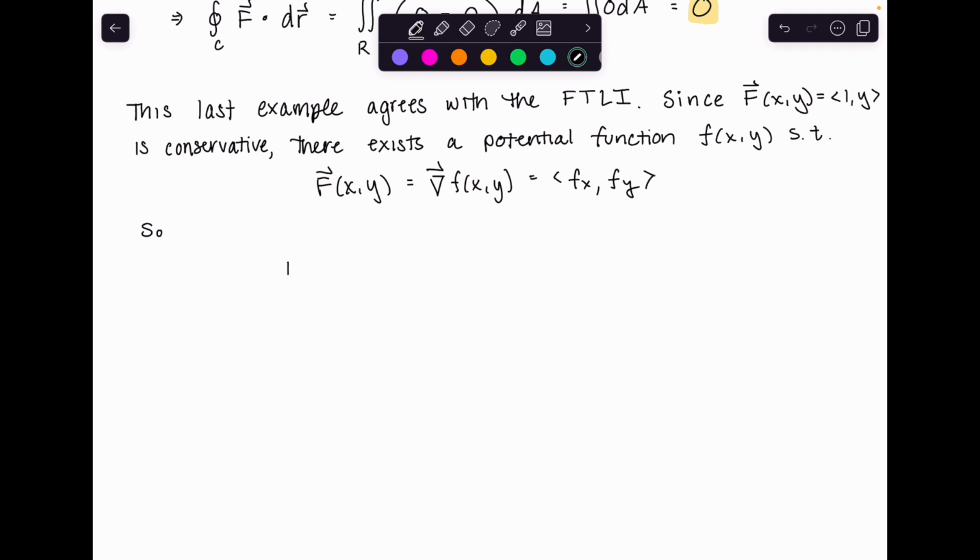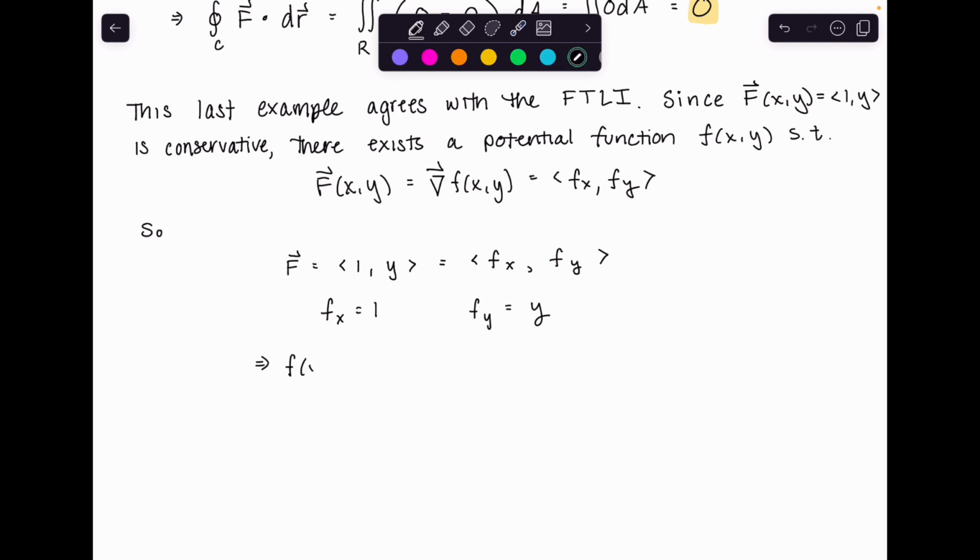So ultimately, our vector field is <1, y>. That tells me the first component is the partial with respect to x. The second is the partial with respect to y. So partial of f with respect to x is 1. Partial with respect to y is y. Okay. So what I want to do is integrate this to undo this partial derivative.